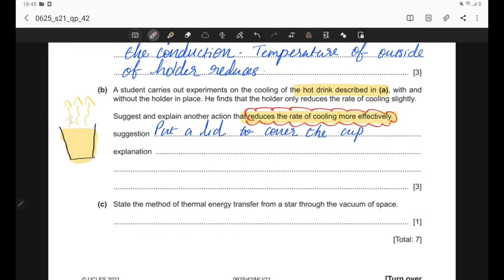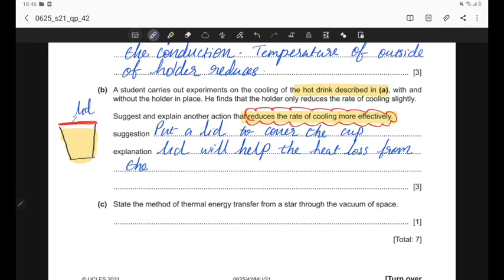But if we close the cup with a lid, the hot air cannot escape from the liquid, so we can reduce the heat loss by the process of convection. This is how a lid helps to reduce the rate of cooling. As an explanation, we can write down, the lid will stop the heat loss by convection.